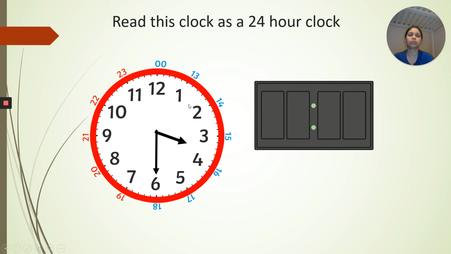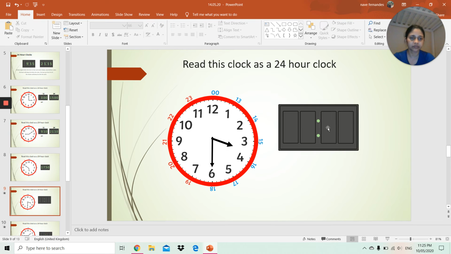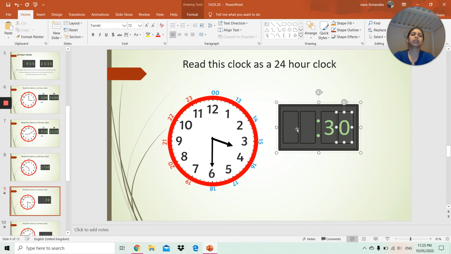So the minutes would be 5, 10, 15, 20, 25, 30. So let me write that one. We know that this is 30. And we know that in a 12-hour clock, this would have been a 3. So in a 24-hour clock, 3 is the same as 15. So this would have been 15:30.